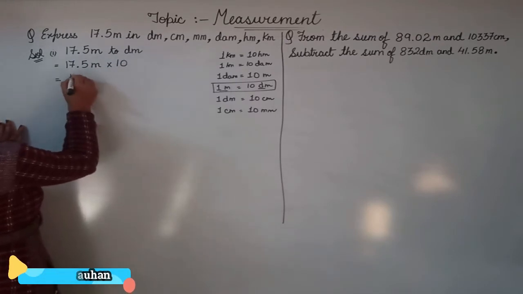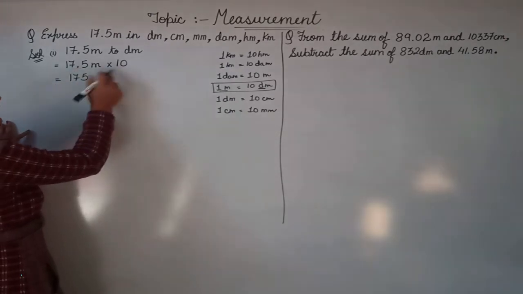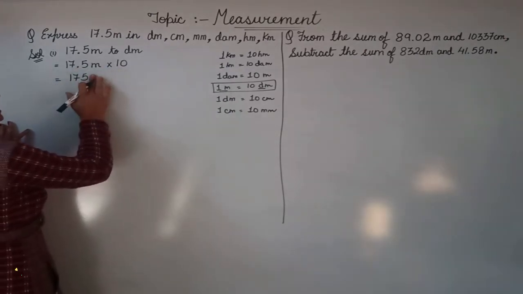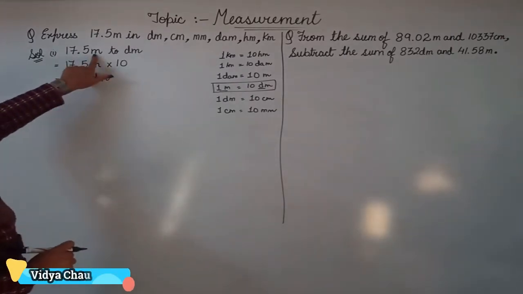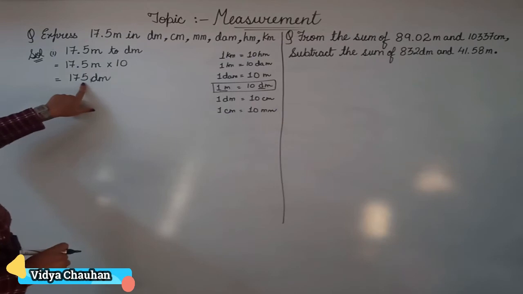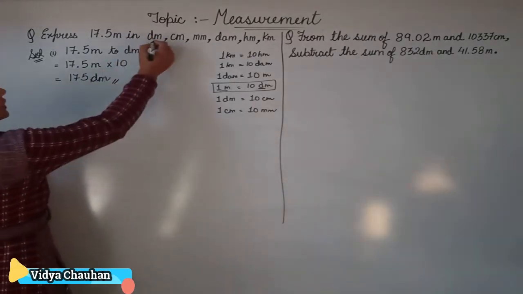When you do the multiplication, you'll get 175 because the decimal place value will vanish. So 175 decimeter. It means 17.5 meter is actually equal to 175 decimeter. This is your first part done.